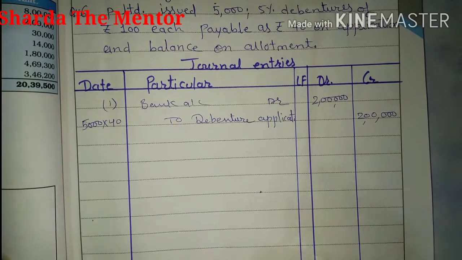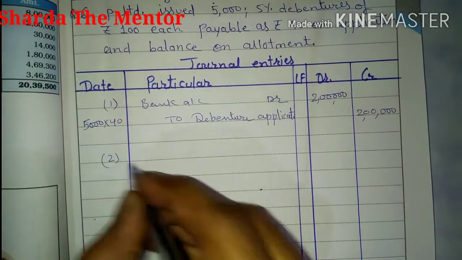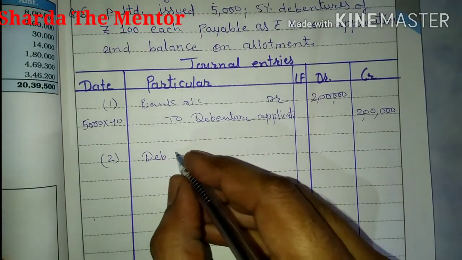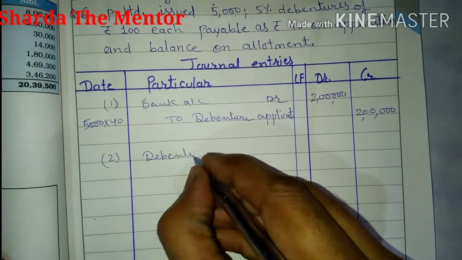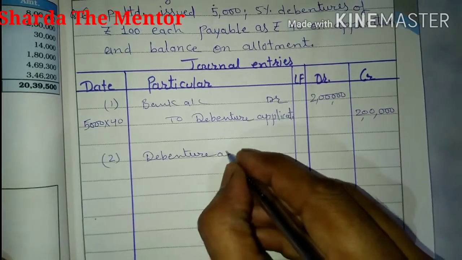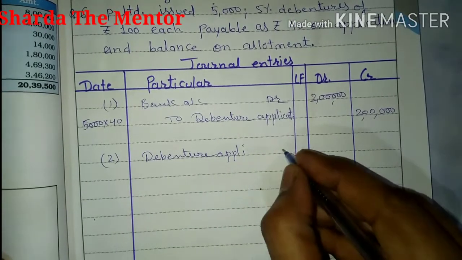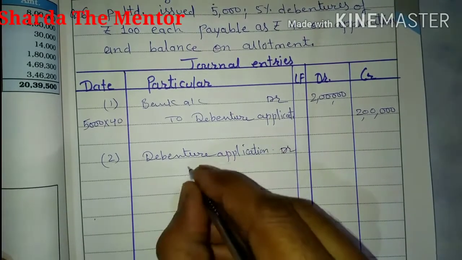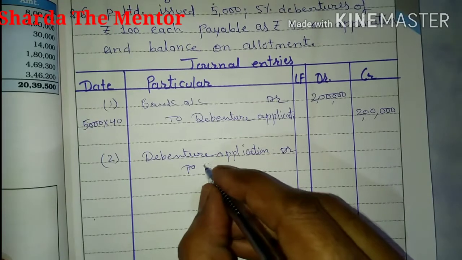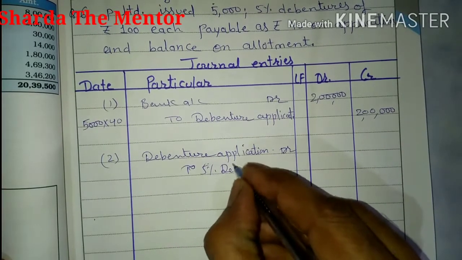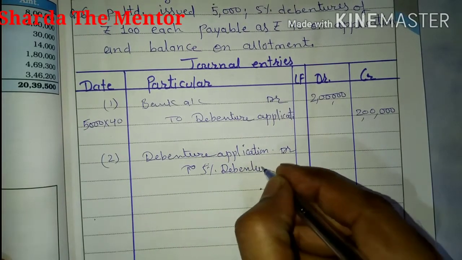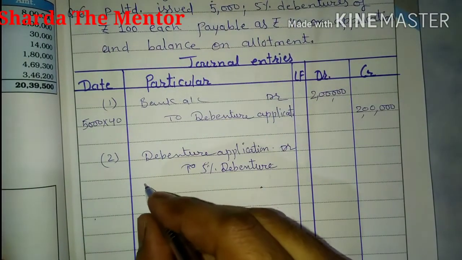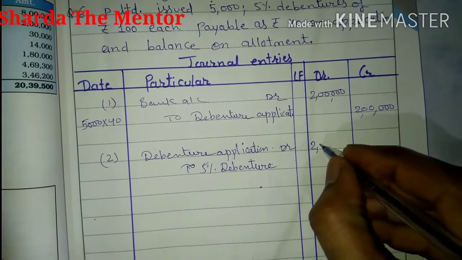After that, we will pass the second entry because we have to transfer the debenture application amount into the debenture account. So debenture application account debit to 5% debenture. Here the same amount will be transferred.